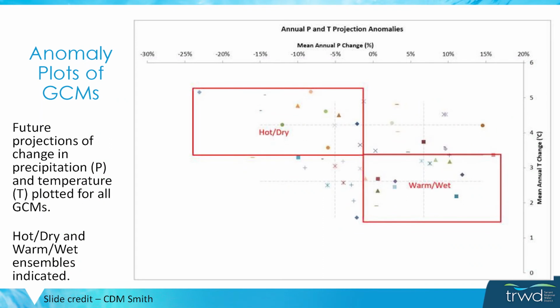And as Mr. Smith mentioned earlier, instead of using just one model, we're using groups of models to kind of bound the possible future scenarios of what that demand variability can be. So we've currently come up with two scenarios, the hot, dry and the warm, wet, using the average of those grouped climate models to then produce what our forecasted demands will be.